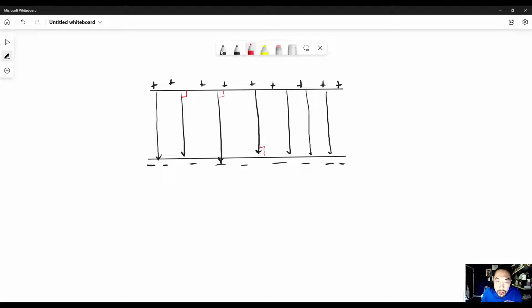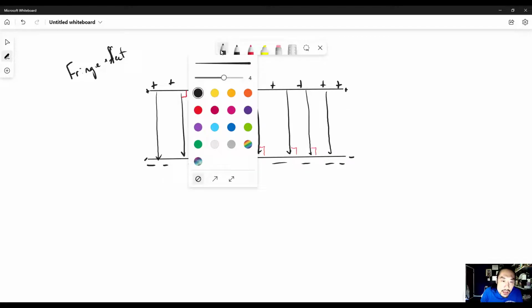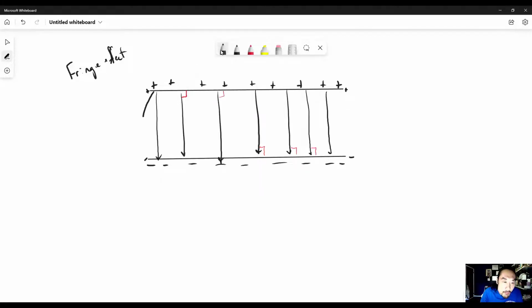And the other thing that I want to point out is the edges. When we take a look at the edges, we get an effect called the fringe effect, or fringe fields, or the edge effect, where because we technically have positive charges on the end there and negative charges on the end there, same for here and here, we get an E field that bends around like so.